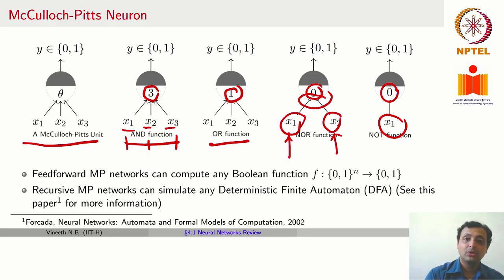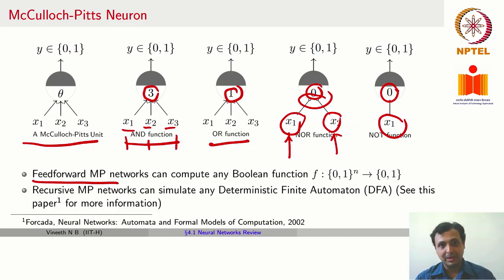In fact, it's possible to show that a network of McCulloch-Pitts feed-forward neurons, which means you take an input and feed forward that input through a set of McCulloch-Pitts neurons, can compute any Boolean function f that goes from a Boolean input in n dimensions to an output that's Boolean in 1 dimension.